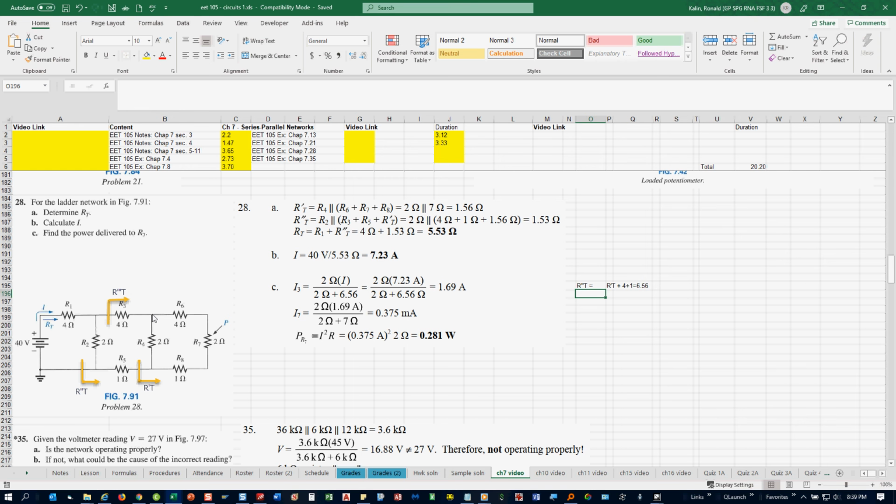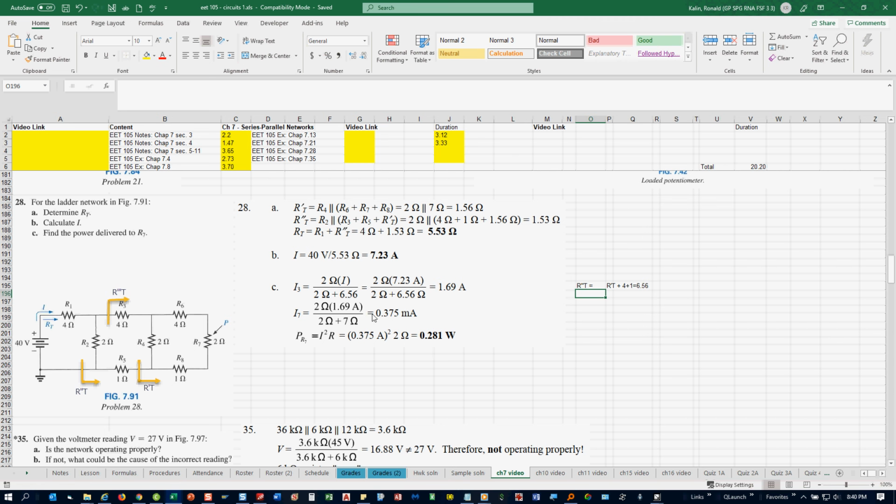So then, doing the current divider again, you have these three resistors, which you can consider to be one resistor, 4 plus 2 plus 1, which ends up equaling 7. That's in parallel with the 2. So again, you take your current coming through to this node, which is what we just calculated as 1.69, times R4 divided by R4 plus this equivalent resistance right here, which is 7.